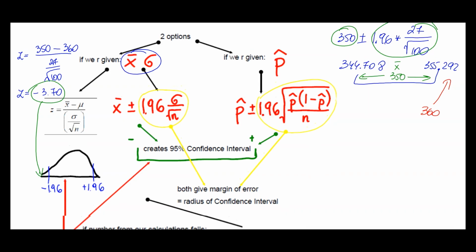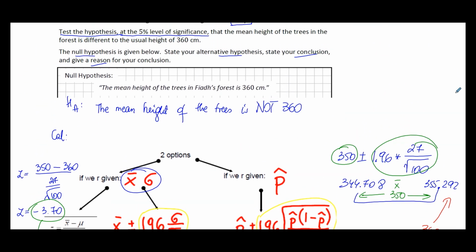And therefore the conclusion depends on whether we rejected or did not reject the null hypothesis. Because here we are rejecting the null, we are accepting the alternative. In conclusion, we will say therefore, and then we quote, the mean height of the tree is not 360.